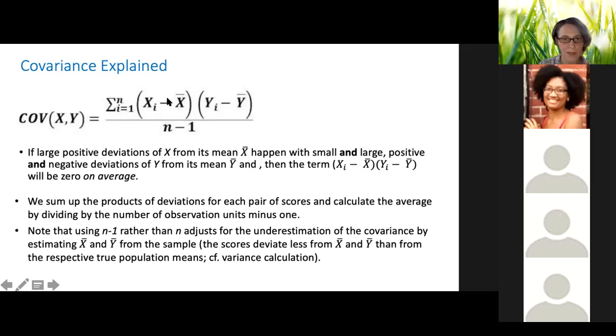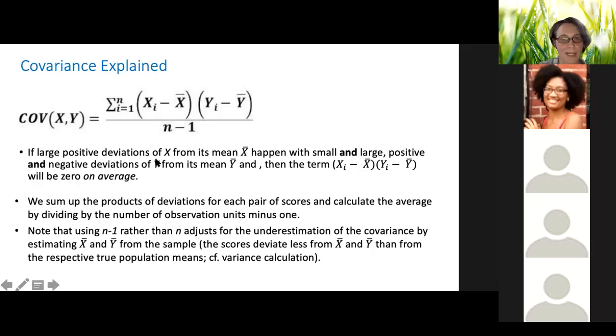If there's no systematic relationship, then on average that sum here will be 0, because sometimes it's positive, sometimes it's negative. Sometimes it's a small positive value, sometimes a small negative value, sometimes a large positive value, sometimes a large negative value, and on average it will be 0. Basically, if everything is possible, for a small X I can observe either a small Y or a medium Y or a large Y. So then this is 0.